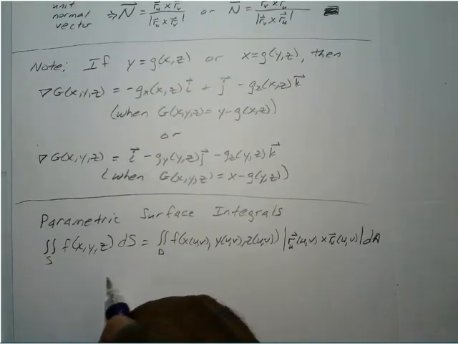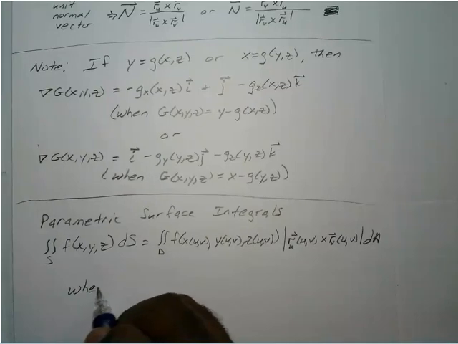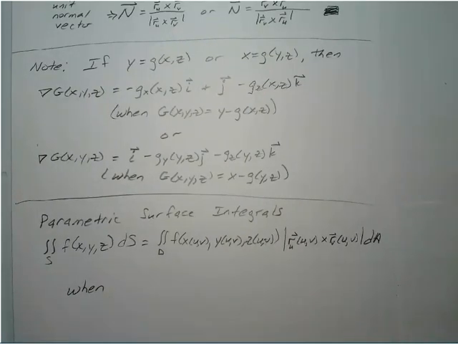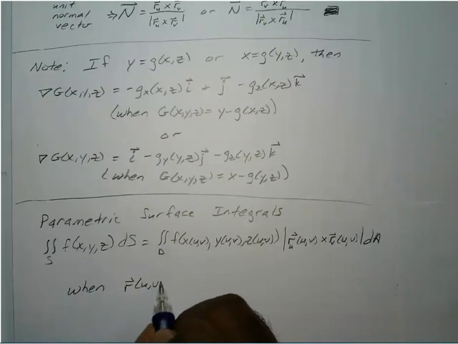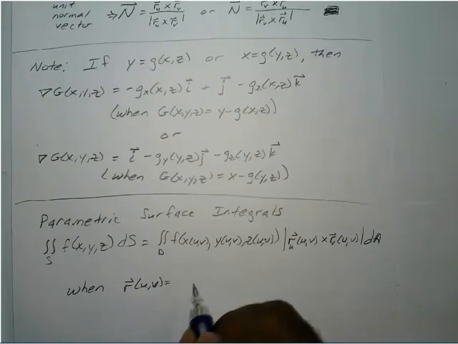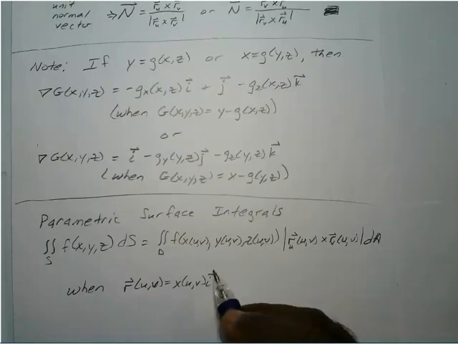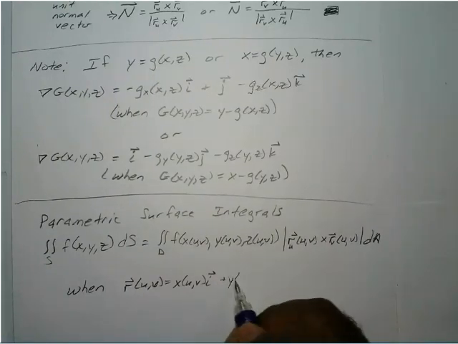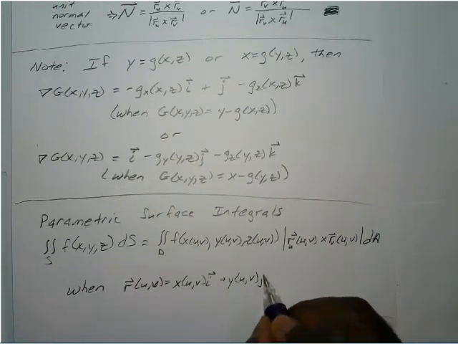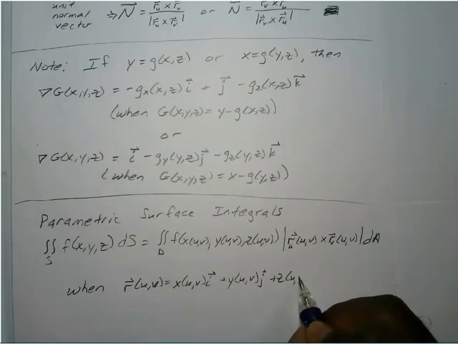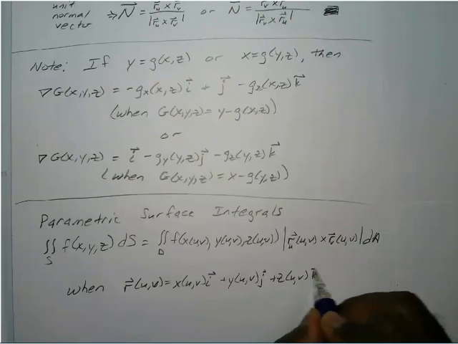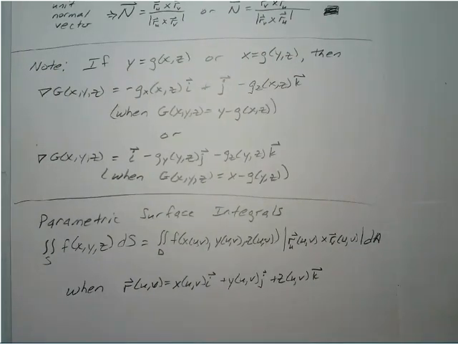And of course, that's when your surface is a vector valued function, so you have x of u, v times the i vector plus y of u, v times the j unit vector plus z of u, v times your k unit vector.